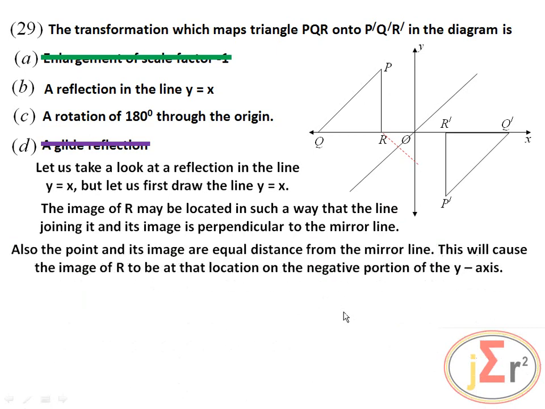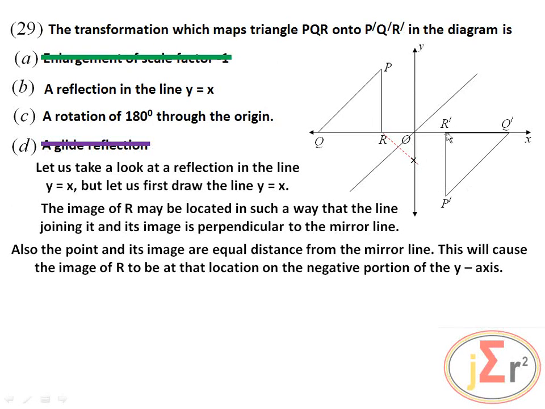Also, the point and its image are equal distance from the mirror line. This will cause the image of R to be at that location on the negative portion of the y-axis. So, equal distance from here will take us right there. And that is where the image of the point R would have been. But where is it in this particular diagram?